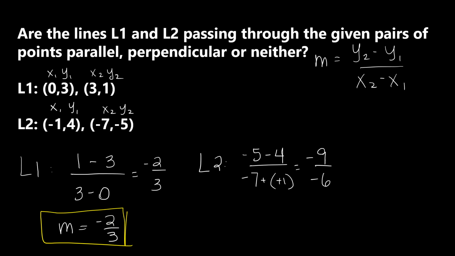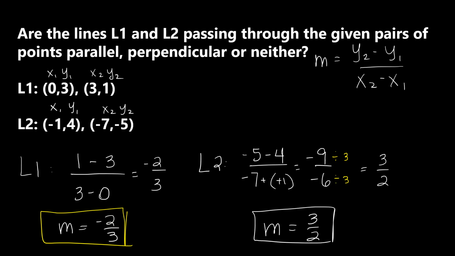A negative over a negative automatically makes that a positive. But I can also reduce this by dividing by a common factor that both 9 and 6 have, which is 3. If I divide 9 by 3, I get 3, and dividing 6 by 3 gives me 2. So I know the slope of this second pair of points is 3/2.